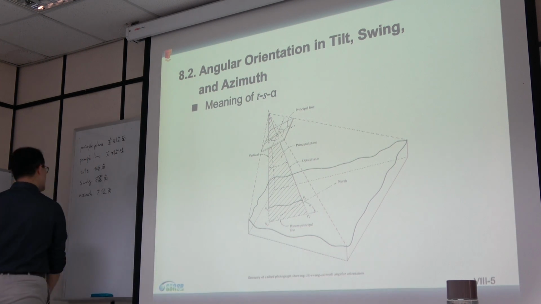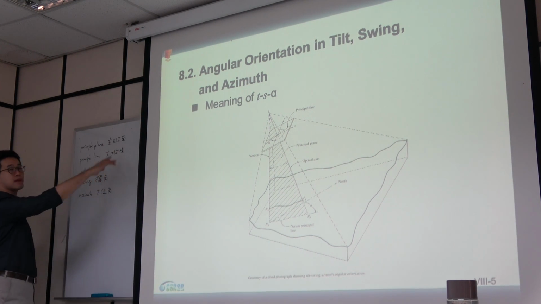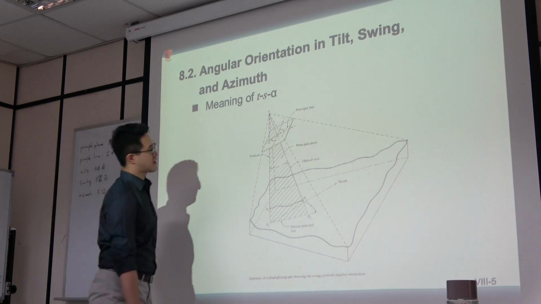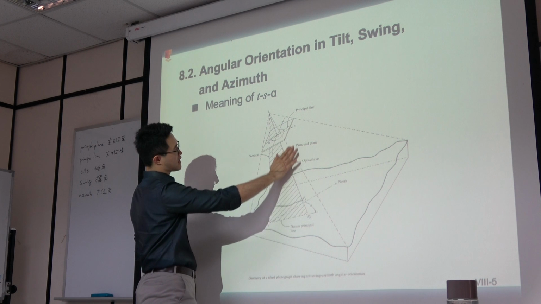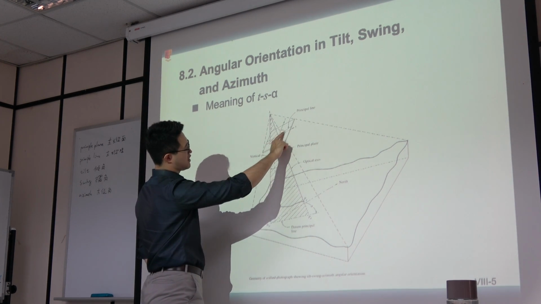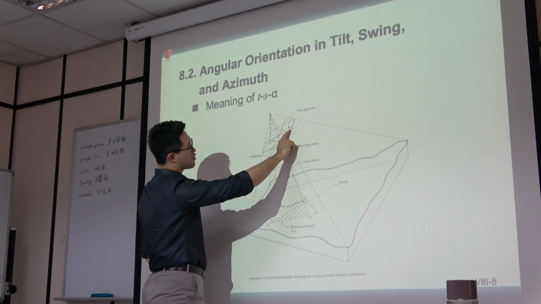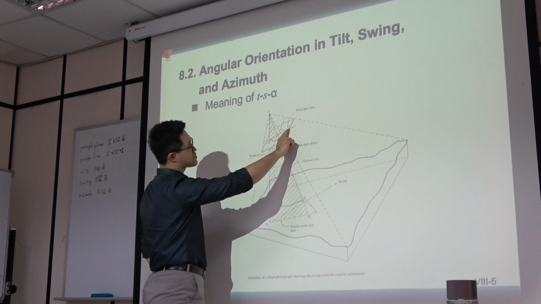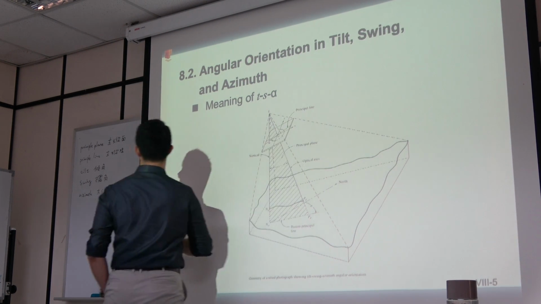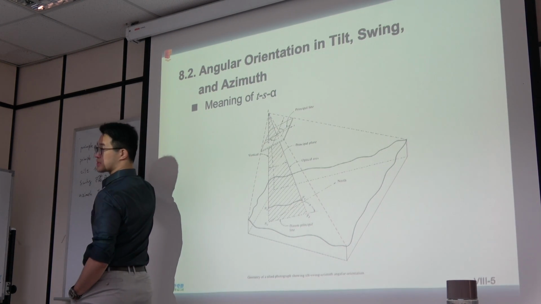In Chinese, the principal plane is called 主纵面. And the other thing is this principal plane will intersect with the image. For example, this is the line that it intersects. This line also has a specific term, which is called the principal line. Right? So the principal line in Chinese is called 主纵线.